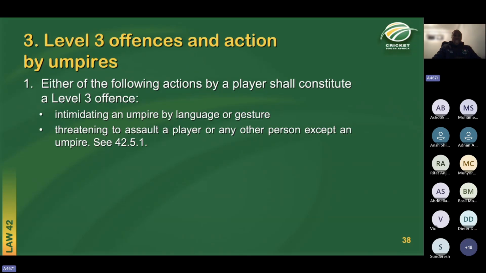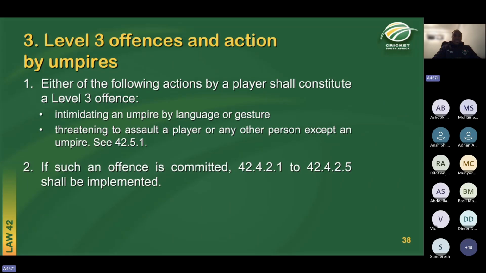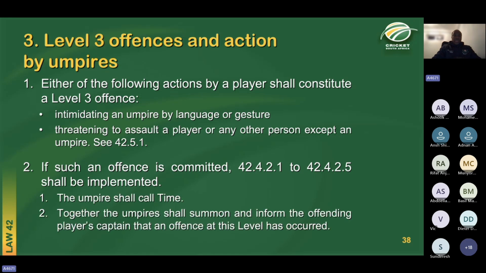Threatening to assault a player or any other person except an umpire is a level 3 offense. And if such an offense is committed, the following shall apply.